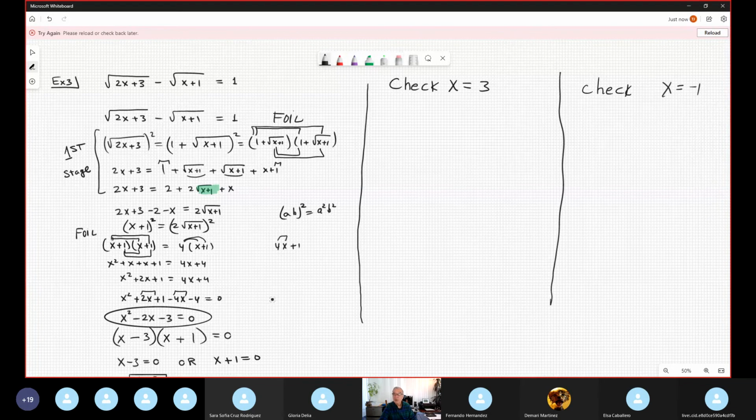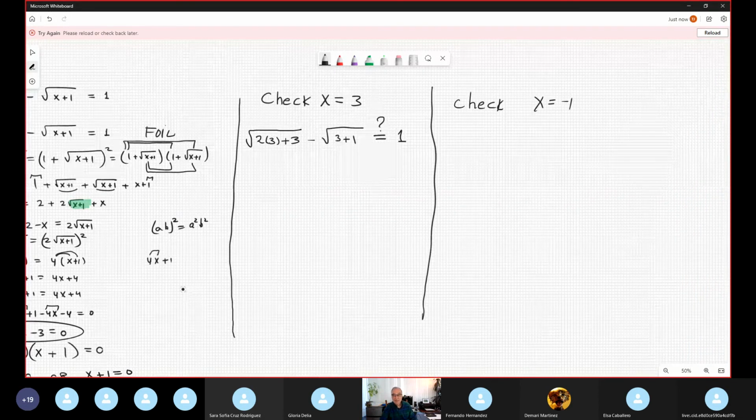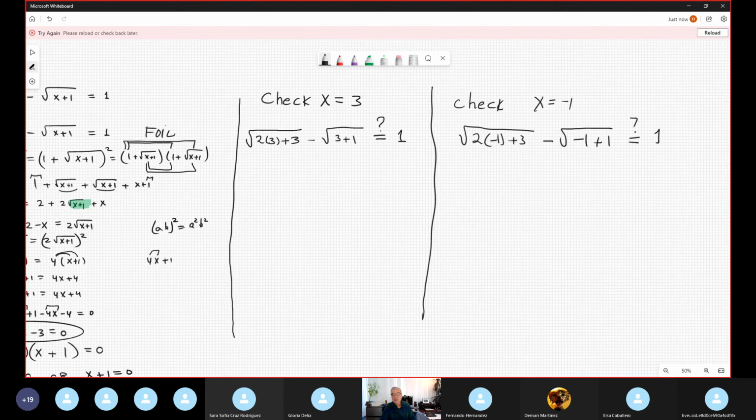Okay, but this is just arithmetic substitution. This is square root of 2 times 3 plus 3 minus square root of 3 plus 1 should be 1. Likewise, square root of 2 times negative 1 plus 3 minus square root of negative 1 plus 1 should be 1.